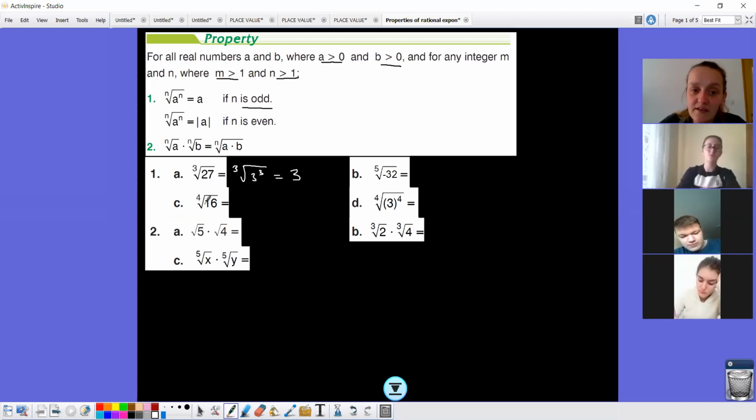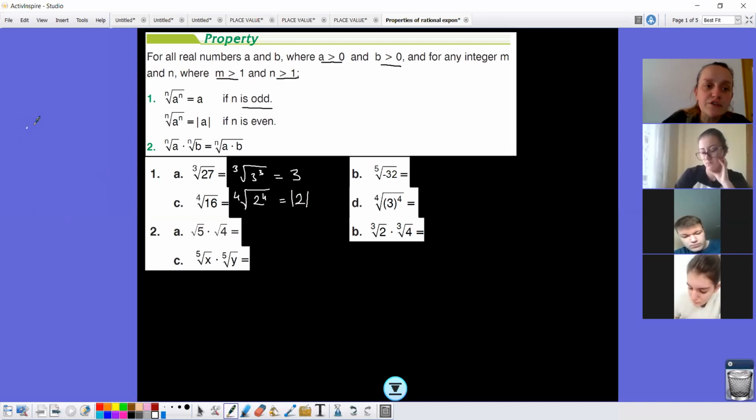Right. Now, can you see the fourth root of, how can I write 16? 2 to the power of 4. Here, because the power is even, n is even, I will take it out as the absolute value of 2. Why?